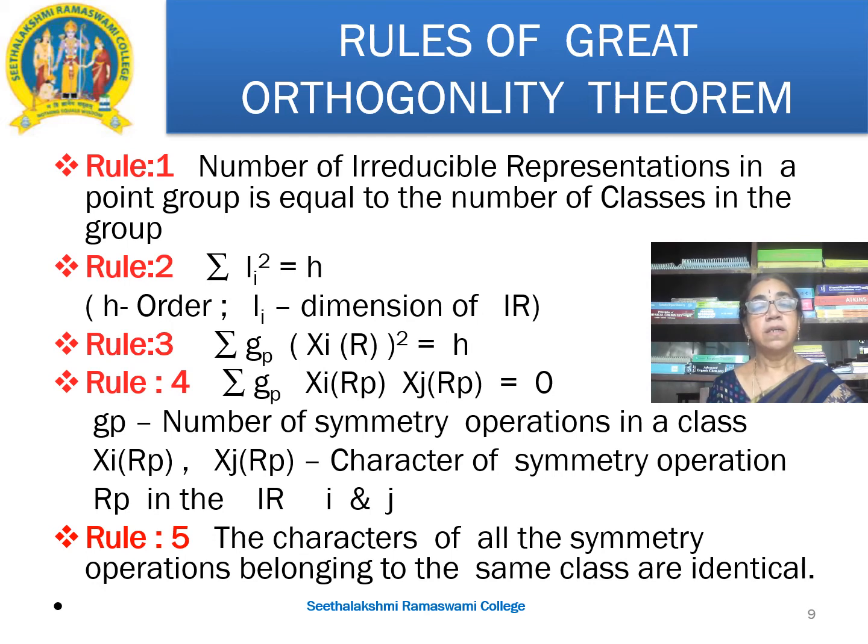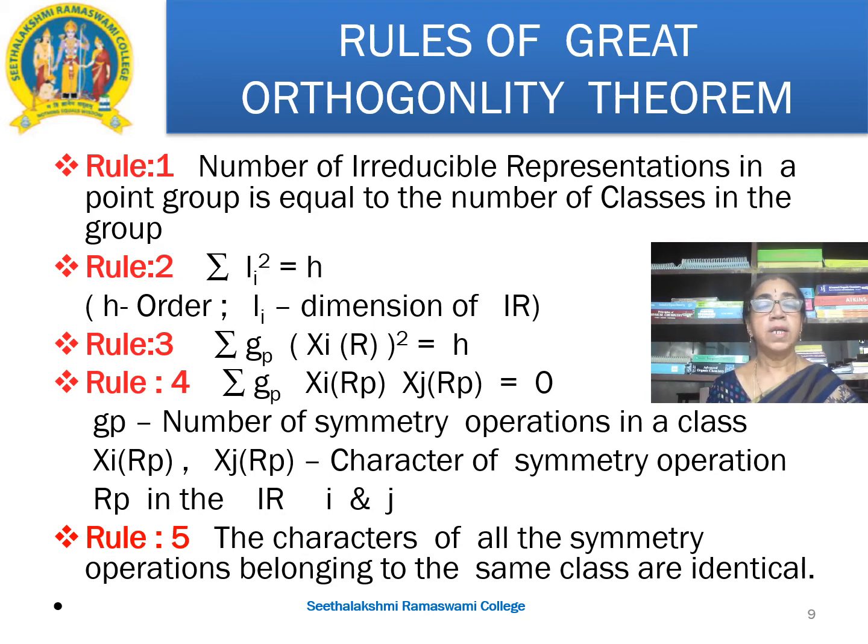That is, gR is the number of symmetry operations present in a particular class of the point group, and xi is the character of the symmetry operation R in a particular irreducible representation i. This rule can be stated as the sum of squares of characters of different symmetry operations present in a particular irreducible representation of a particular point group is equal to h, the order of the point group.